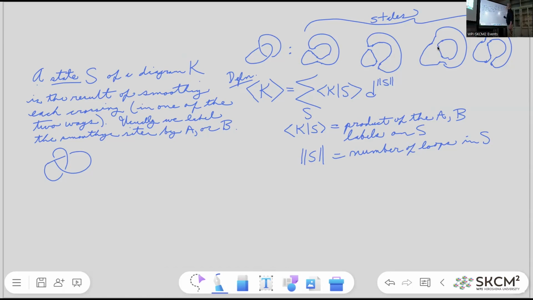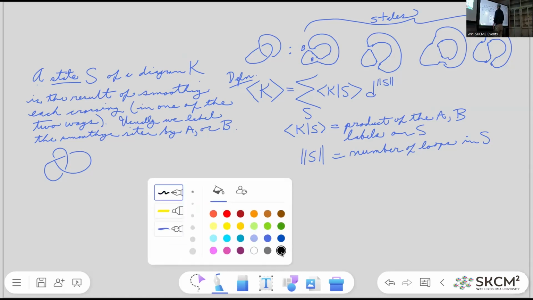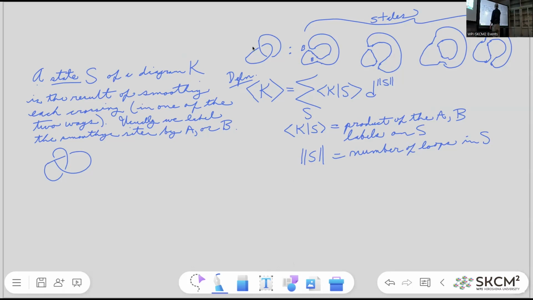Now let's go back. This one is a B. And this one is a B also. Right? Because maybe it would actually help to label the regions. We could do that in a different color here for this example. So these are the A regions. And these are the B regions. Over here, these are the A regions, and these are the B regions.